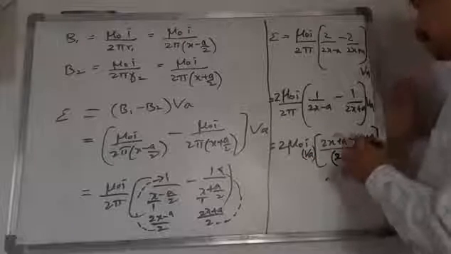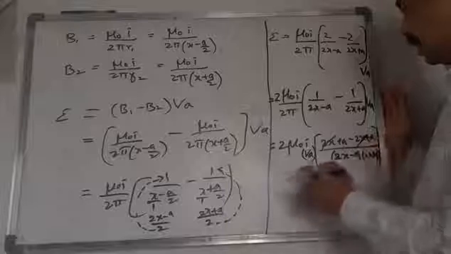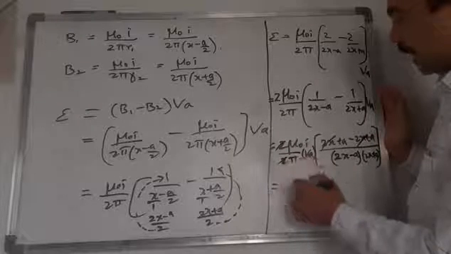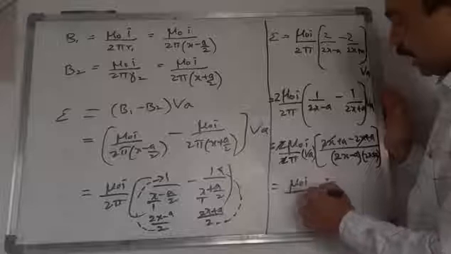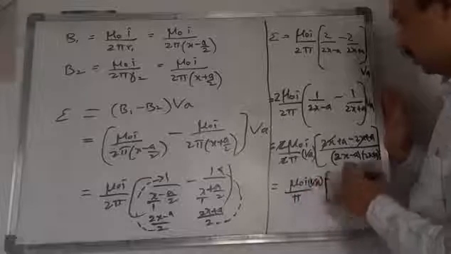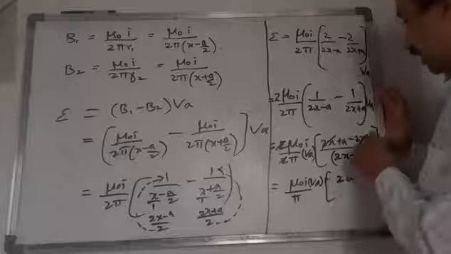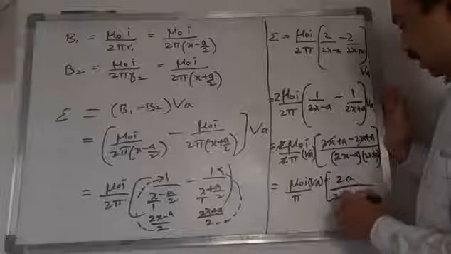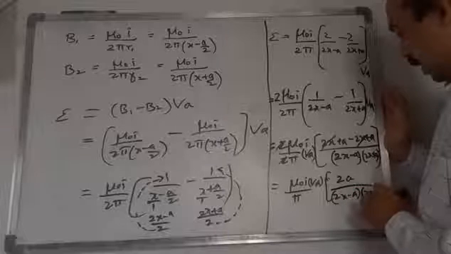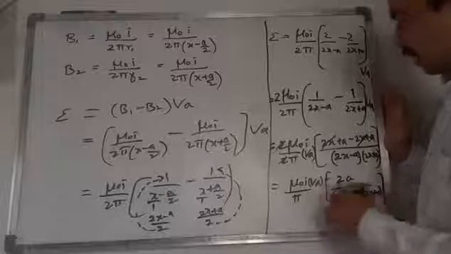Because minus into 2x is minus 2x, and minus into minus a is plus a. So here 2x minus 2x gets cancelled. By 2 pi is there, so the 2 will be cancelled. You get mu naught I by pi into VA into 2a, since a plus a is 2a, by (2x minus a) into (2x plus a).